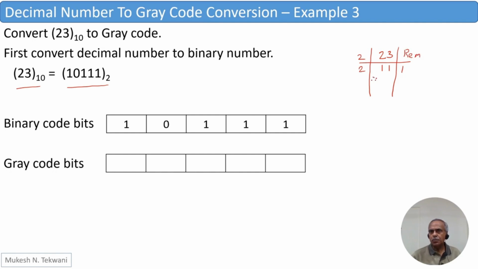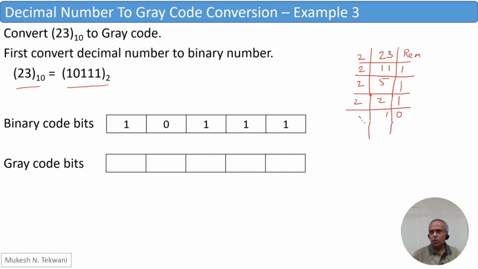Again 2, 5 times is 10, that gives us a remainder of 1. 2 2 times is 4 with a remainder of 1. 2 1 times is 2, and there is no remainder.